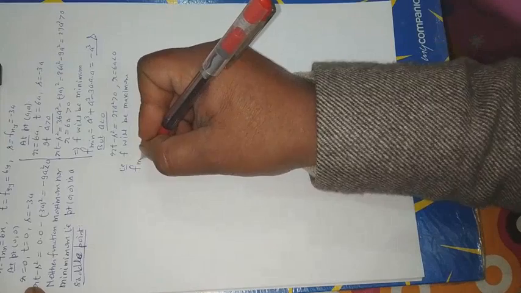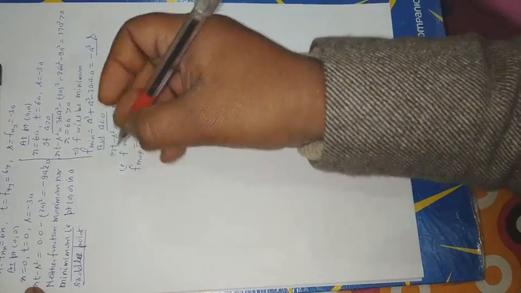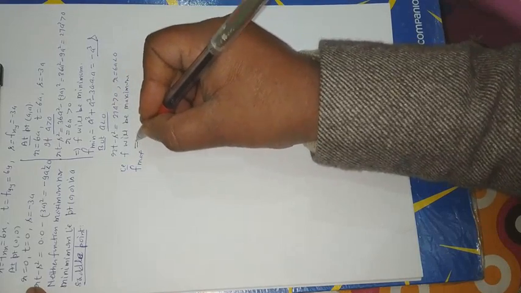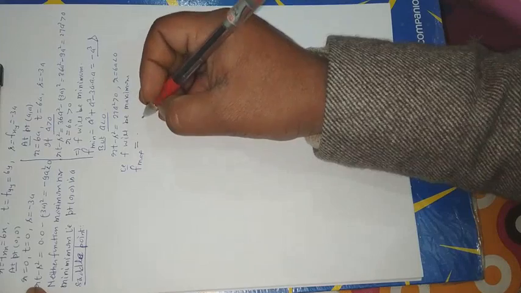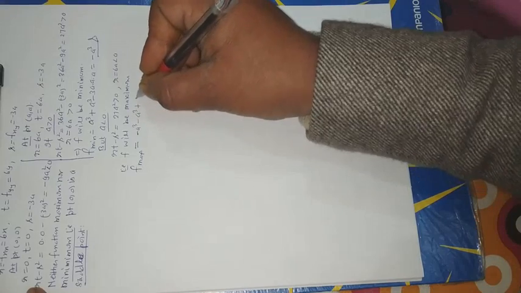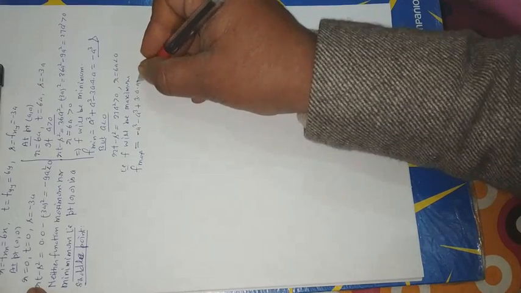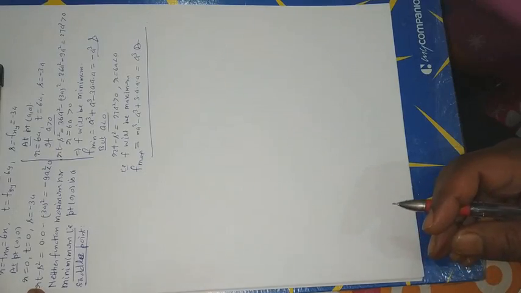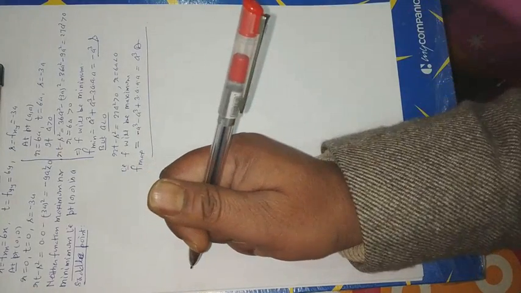The maximum value of the function where a is negative, putting a in the given equation, minus a cube plus 3a into a, this is equal to a cube. This is the maximum value of the function. Okay, student, this is the complete solution.